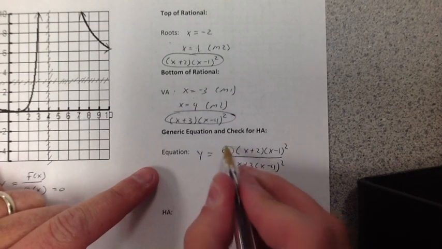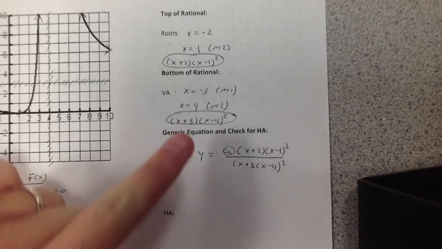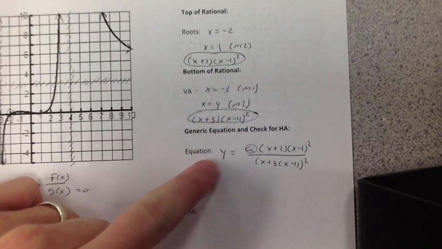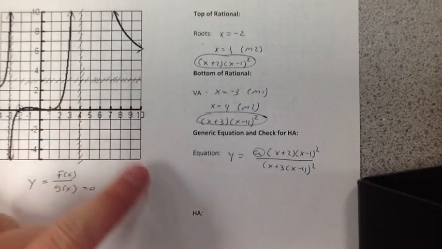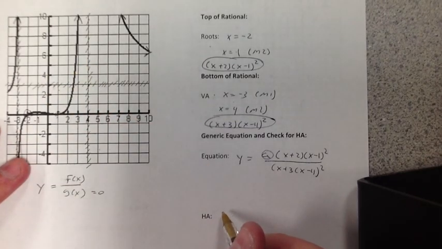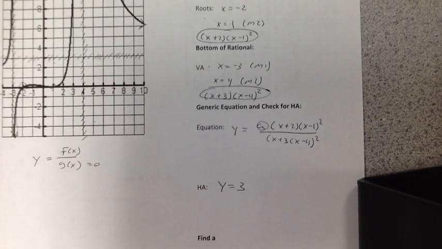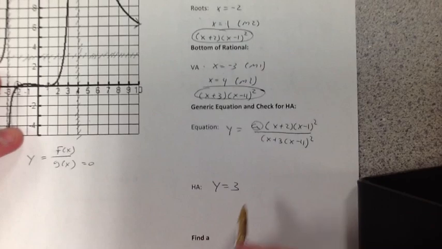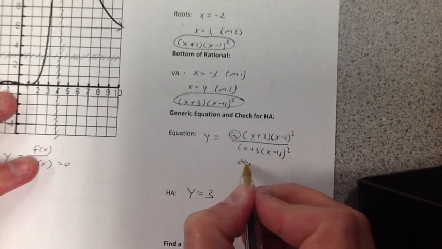Now, to get a, we can use the horizontal asymptote, or we can use a point. If we actually have a horizontal asymptote, we can use that. So if I take a look here, I do have a horizontal asymptote that's not 0. It's y equals 3. There's my horizontal asymptote right there. So how does that help me get a? Well, look here. The degree on top is 3.